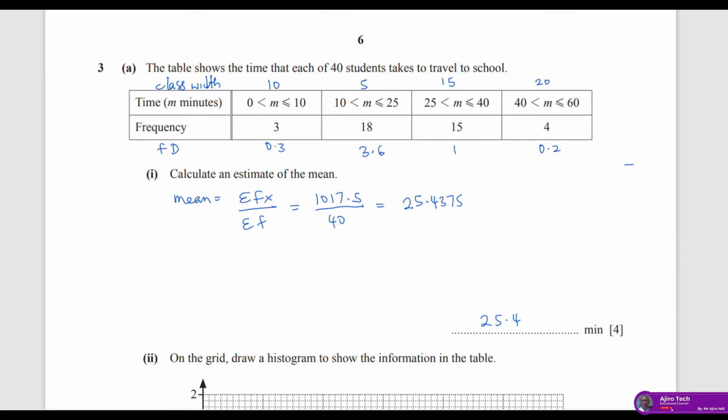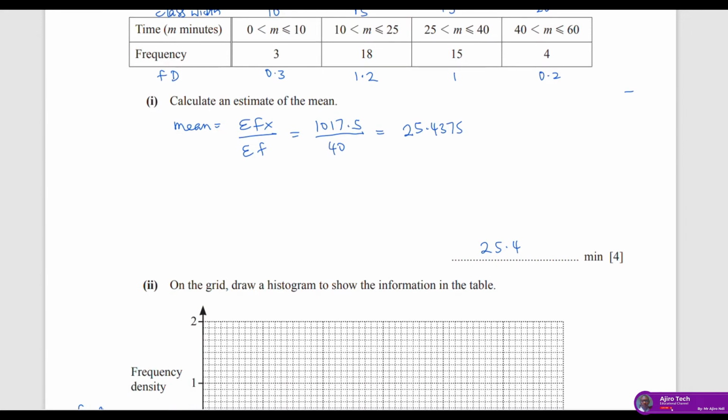Sorry, the class width should not be 5. It is 15, since 25 minus 10 is 15. So it should be 1.2, not 3.6. So 10 to 25 should be 1.2.